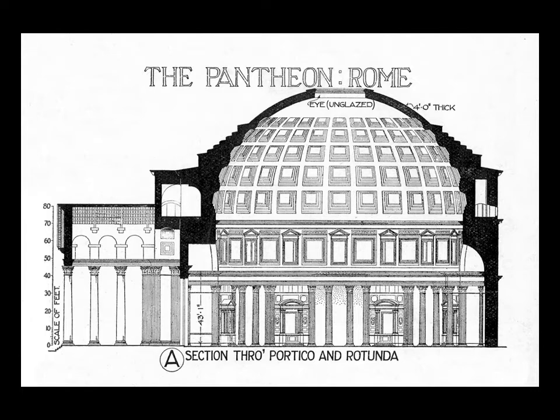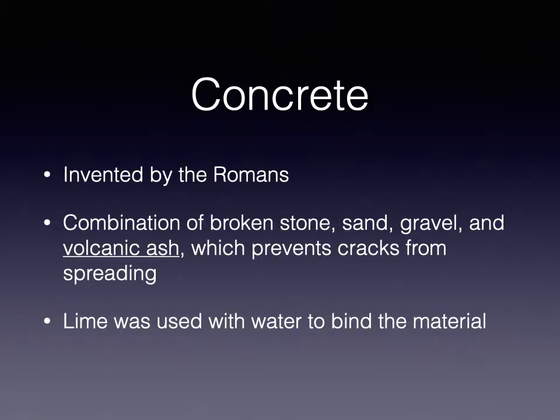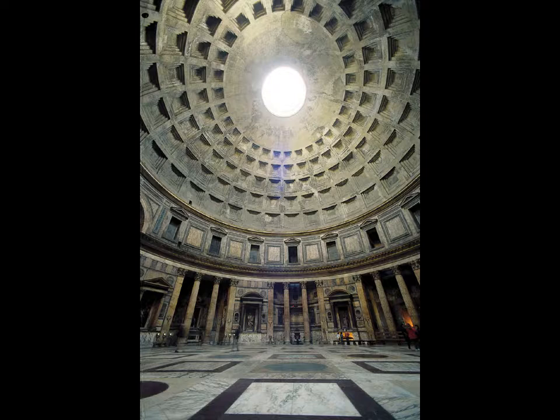And again, the material of concrete, which is durable, and although it's heavy, not too heavy. Something invented by the Romans, a combination of a few different substances that creates something that today we know as relatively inexpensive, highly useful, flexible in terms of its use.